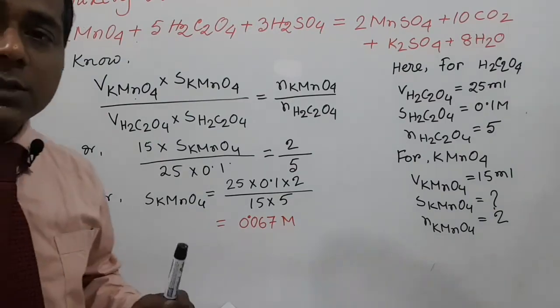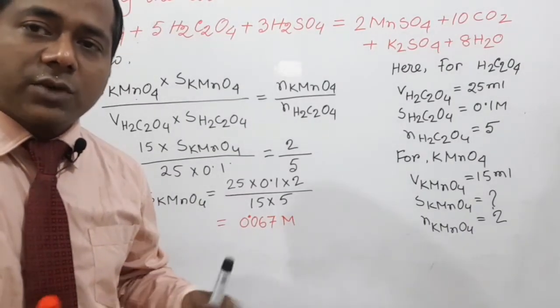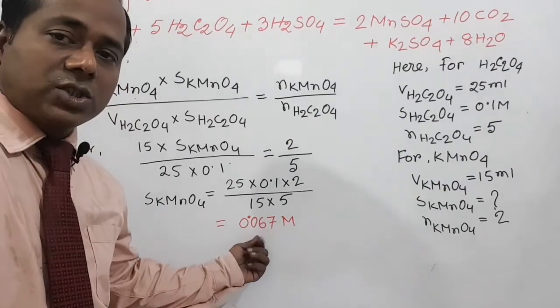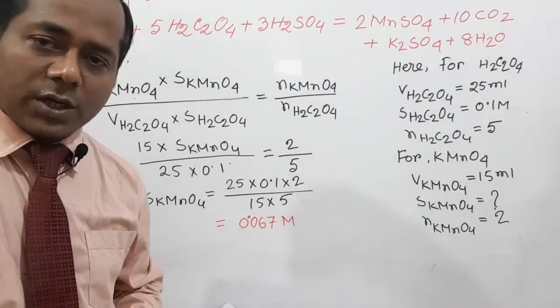So, my dear students, we can say that the concentration of potassium permanganate is 0.067 molar.